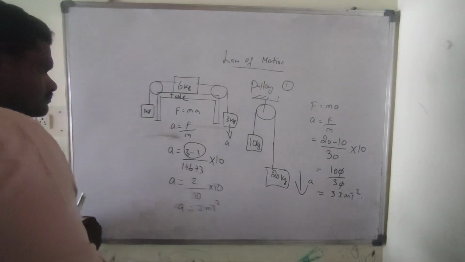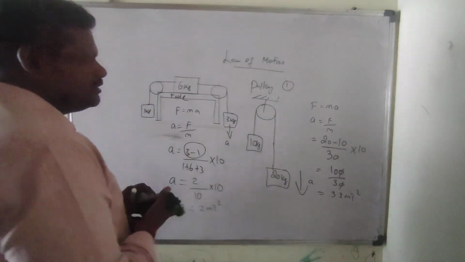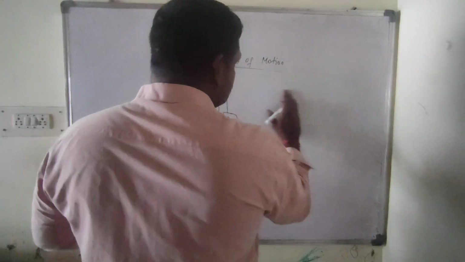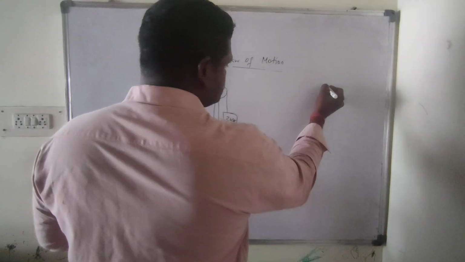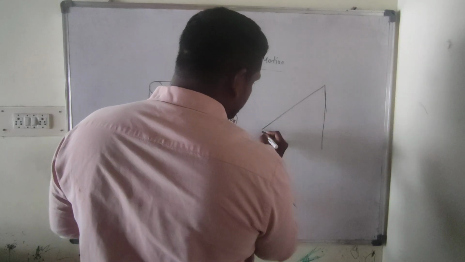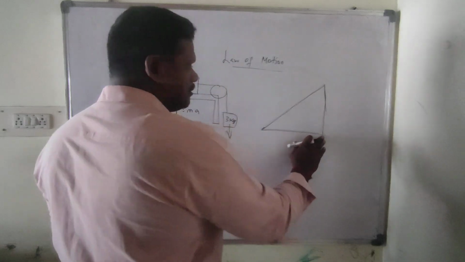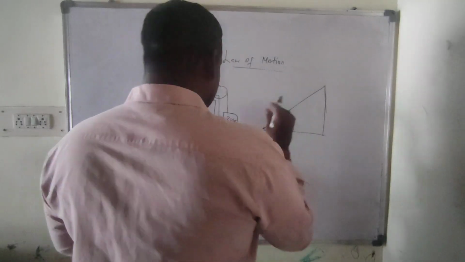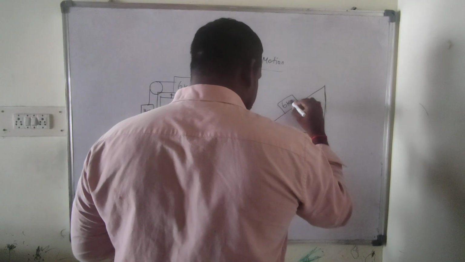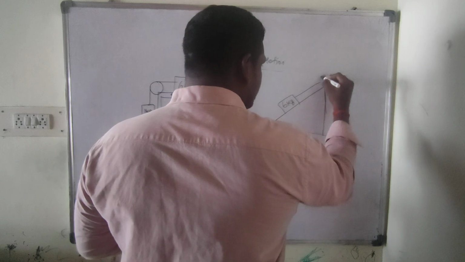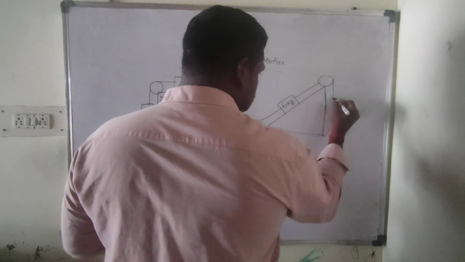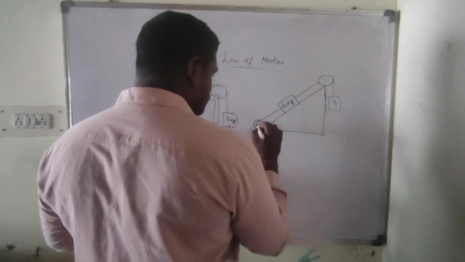And the third one is on an inclined plane, with forces in the same concept. Okay. The same concept, everything is the same. I put a 6 kg here. I connect a pulley here. 3 kg here.